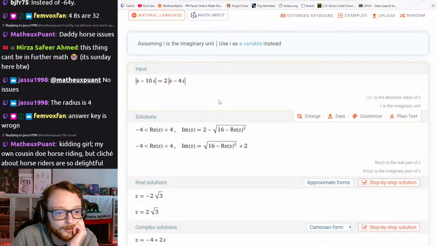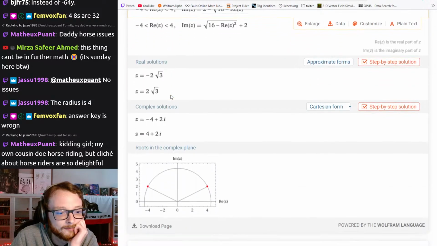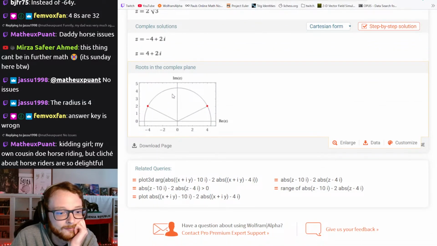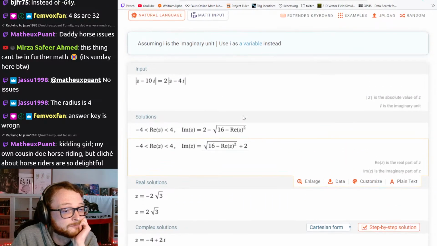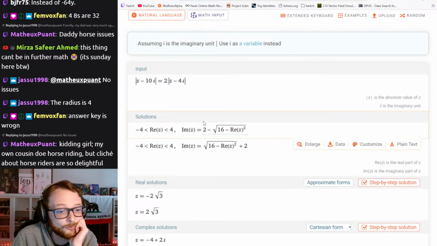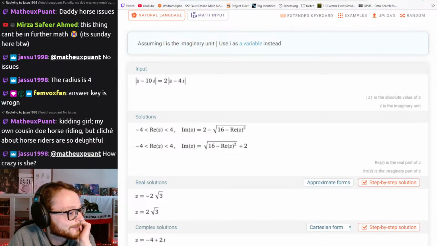Assuming it can do this, I hope it can. I assume that's what we want. I'm not gonna bother checking it, but I think the answer key is wrong, like you all are saying.